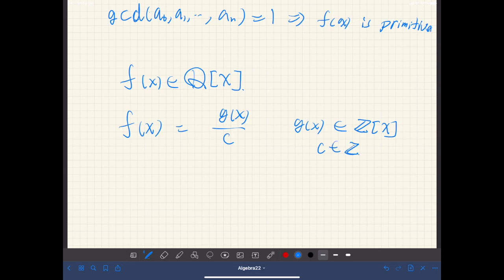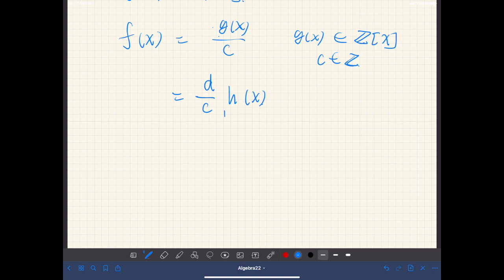If we factor out the greatest common divisor of the coefficients of g, then we can write it like this, and the content of the remaining polynomial is 1, so this is a primitive polynomial. This d is the greatest common divisor of the coefficients of g of x.